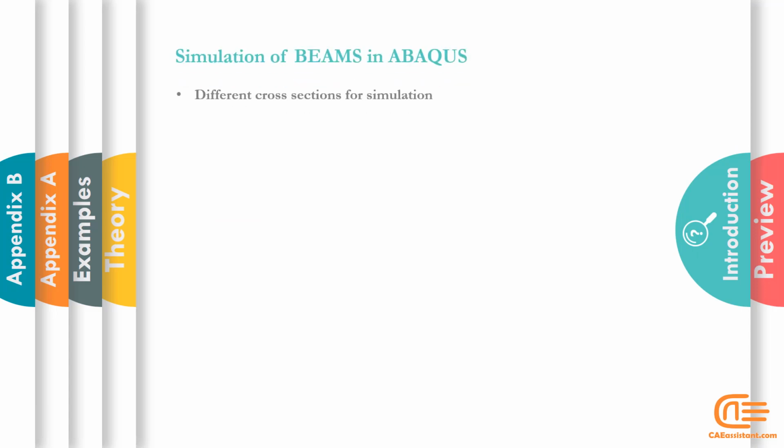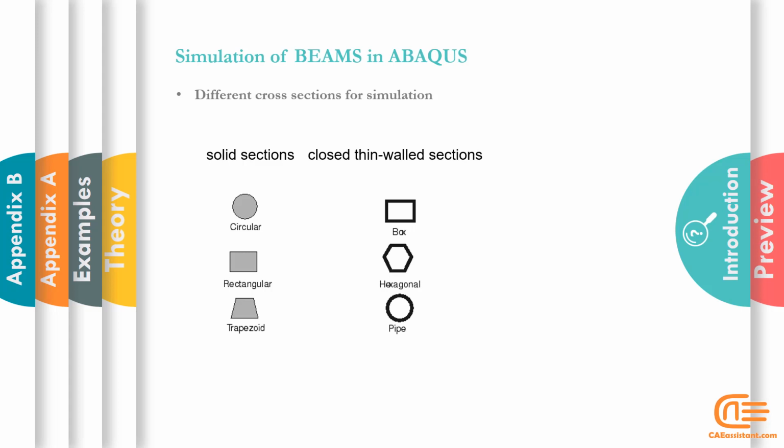Abaqus can simulate beams with different cross sections. The Abaqus beam cross section library contains solid sections and thin wall sections, which include closed thin wall sections, open thin wall sections, and a thick wall pipe section. Abaqus also provides an arbitrary thin wall section definition.